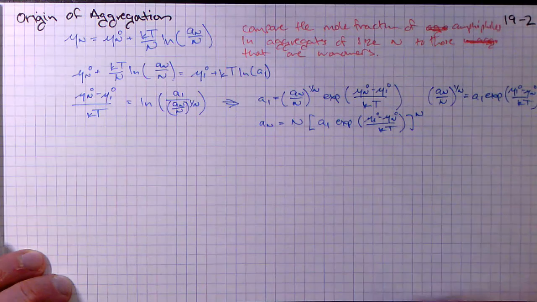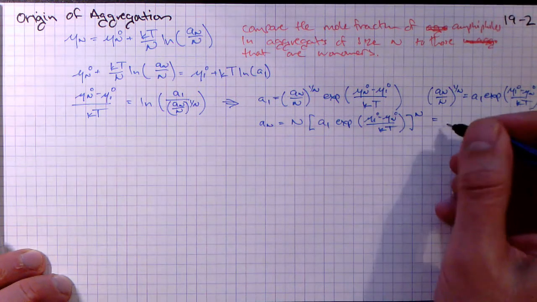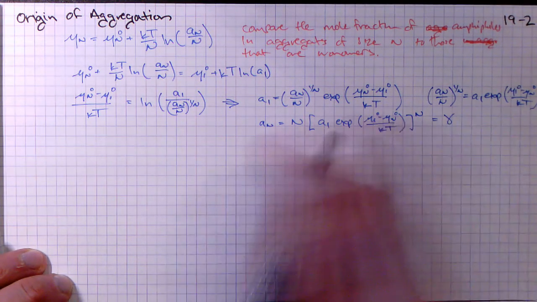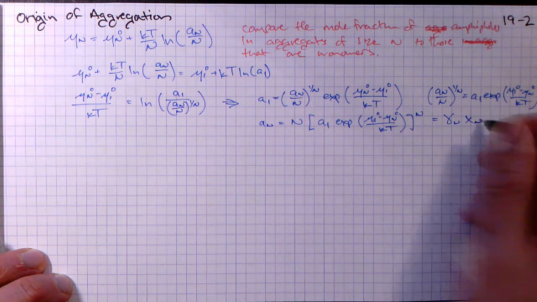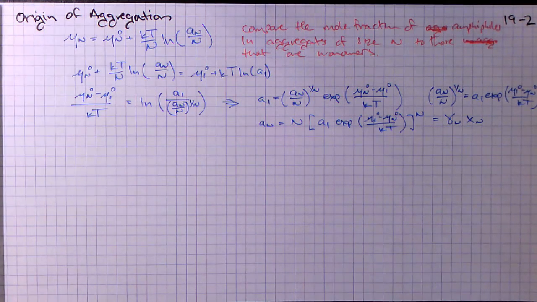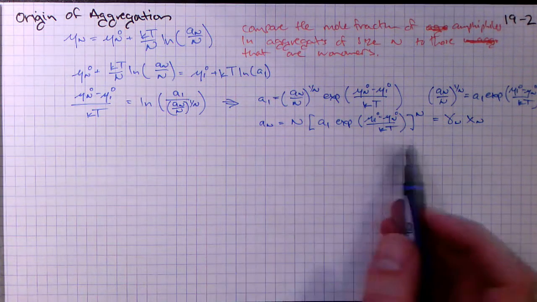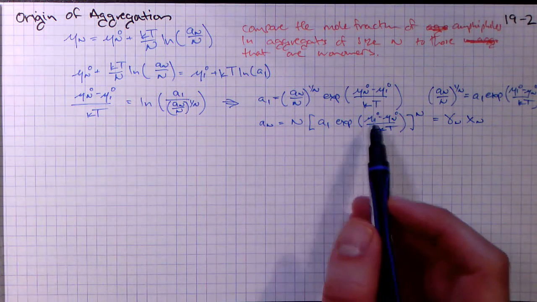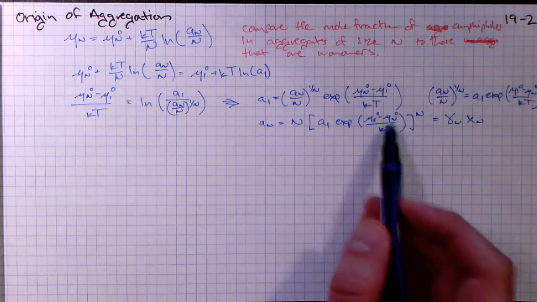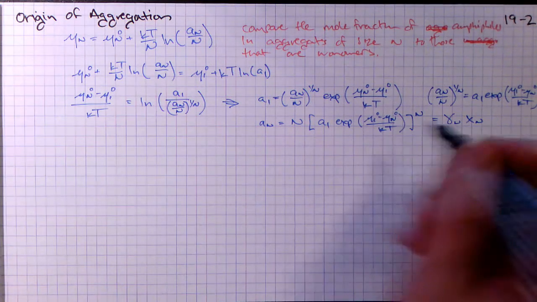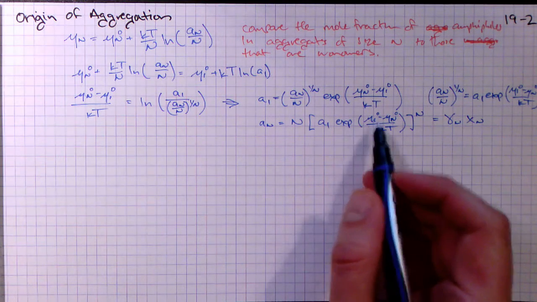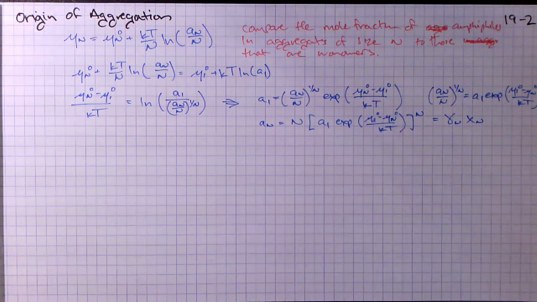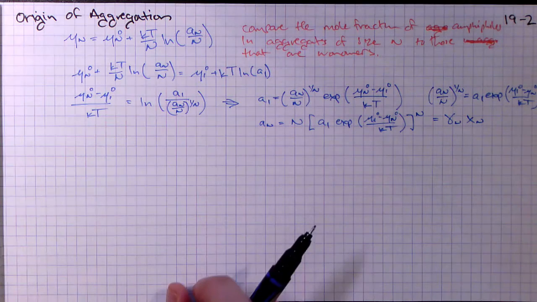And that should give us the activity coefficient, right? By definition, an is the activity coefficient of n times the mole fraction of n. So now, before we can really say much more, we have to know something about mu 10 and mu n0, right? We need to know how the energy of a molecule changes when it's in a monomer versus when it's in an aggregate of size n.